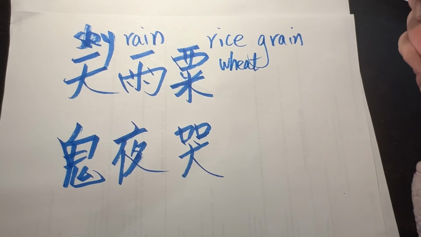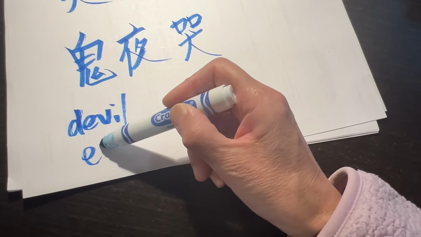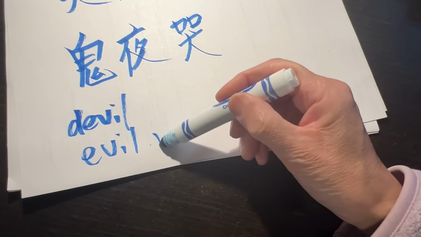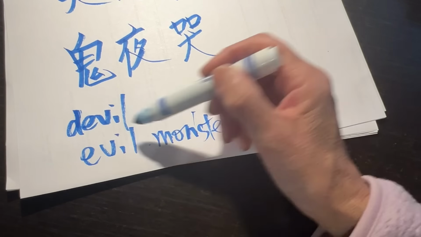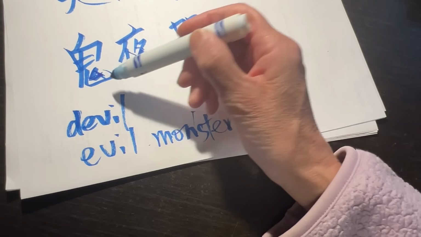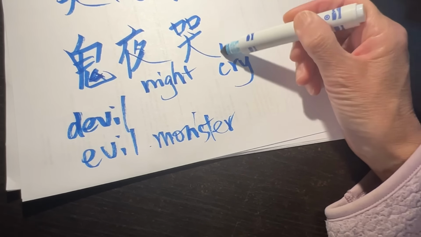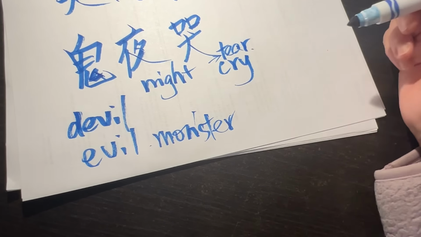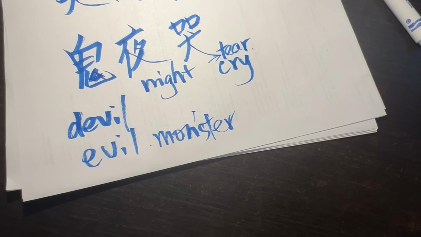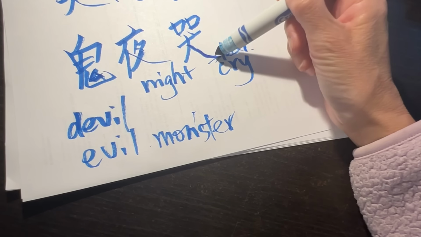It's towards a good direction. 鬼夜哭: 鬼 is devil, evil, monster, all the bad things, the bad spirit, evil spirit. 夜 is night. 哭 is cry, cry with tears. But mostly sad and cry.